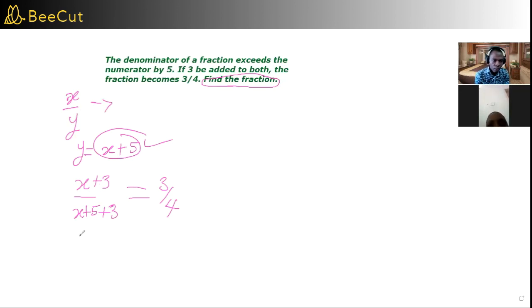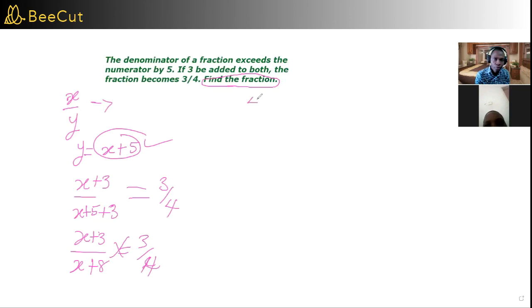Okay, so now I have x plus 3 all over x plus 8 equals 3 over 4. Then I can cross multiply. I have 4 times this and 3 times this.